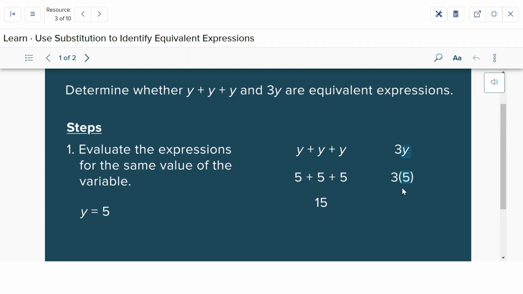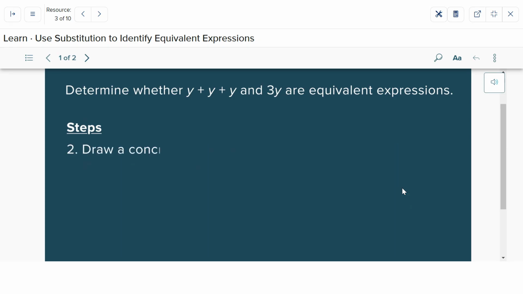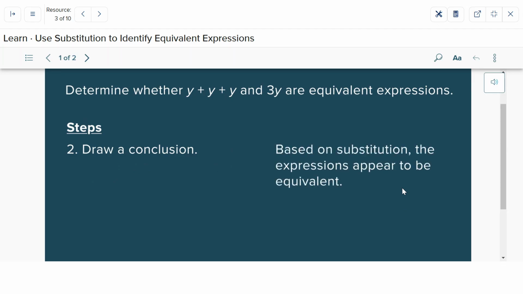Repeat for the second expression. 3 times 5 is also 15. When y equals 5, the expressions have the same value. Next, draw a conclusion about the expressions. If the substitution shows that the expressions have the same value for more than one value of the variable, you can conclude that the expressions appear to be equivalent.